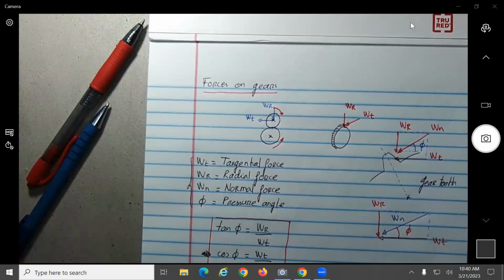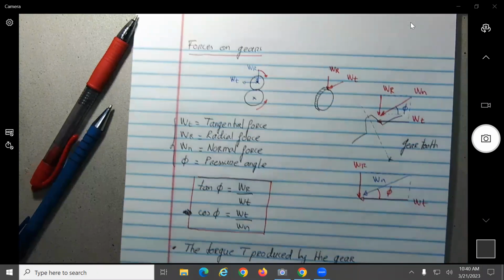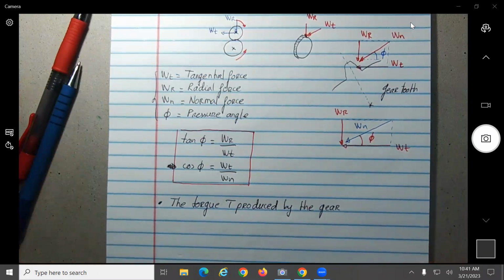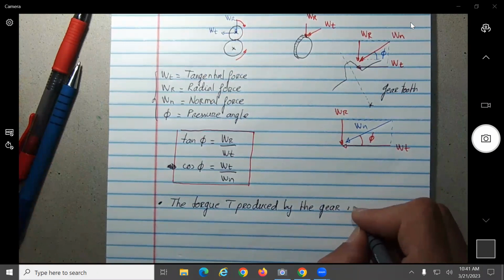Okay, now this is the important part. We have a question: the torque T produced by the gear is what?